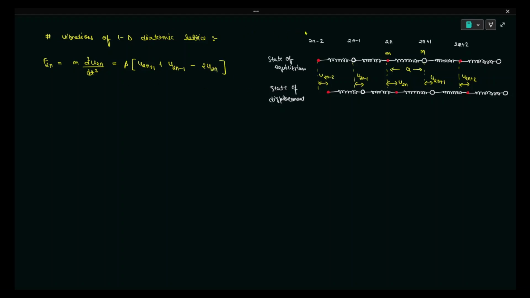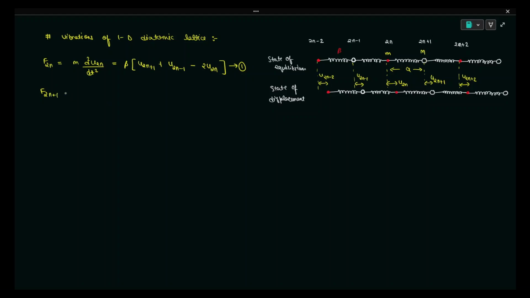where beta is the spring constant of these springs, which represents the interaction between the two atoms. So this is the equation of motion for the smaller mass atom, and similarly we can get a similar equation for the atom placed at the 2n plus 1 position. This is a heavier mass.